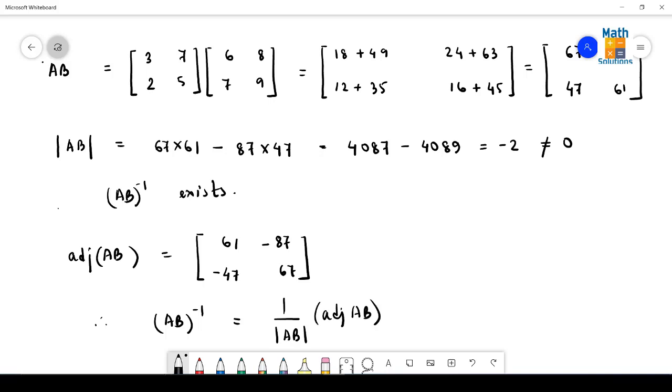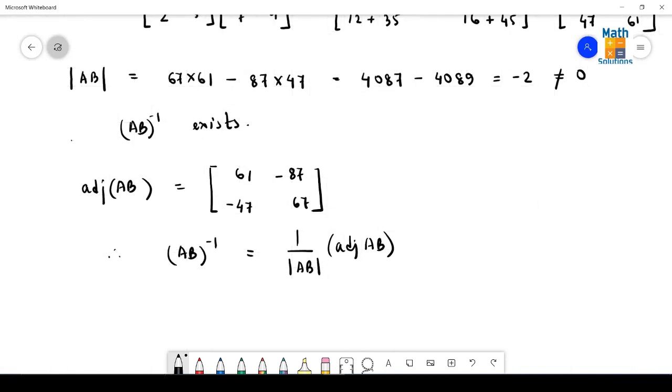So after this we shall be getting 1 by minus 2. Then after we need to write 61 minus 87, then minus 47, then 67.